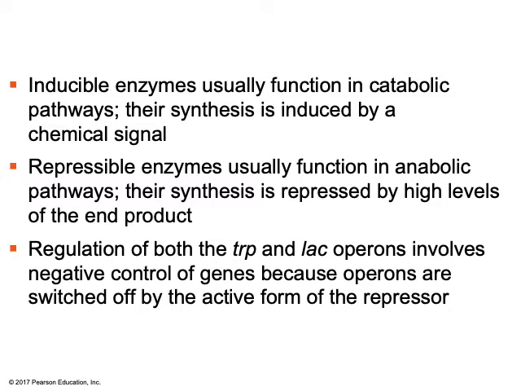Both of these kinds of regulation are negative control. That is, they function to turn the production of the enzymes off under a set of conditions. Sometimes, however, we might want to turn something on in that condition.